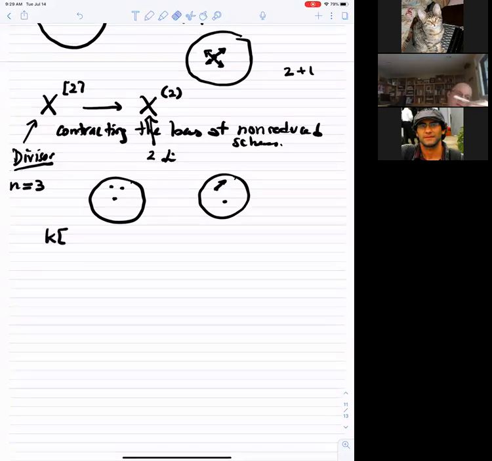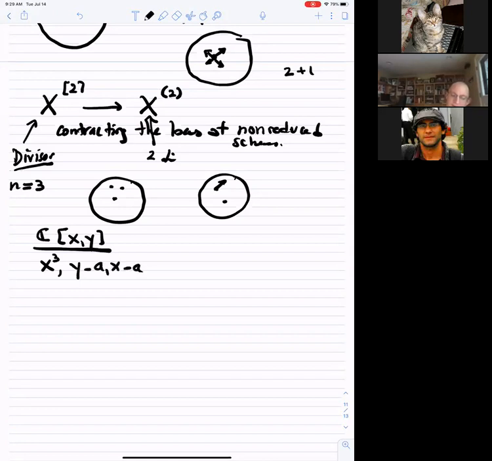I keep writing K instead of C. So you can take C[x,y] modulo x cubed and y minus a1x minus a2x squared, for instance. If I look at this, the dimension of this vector space is 3, so it gives you a point in the Hilbert scheme of 3 points on C2, the way I'm writing it.